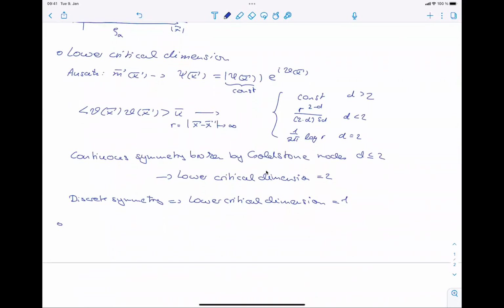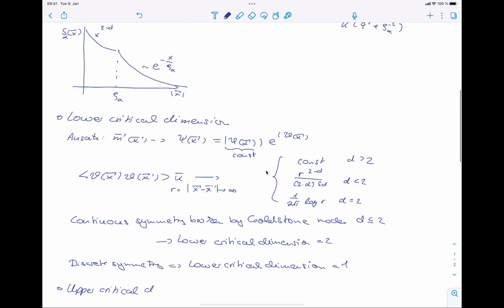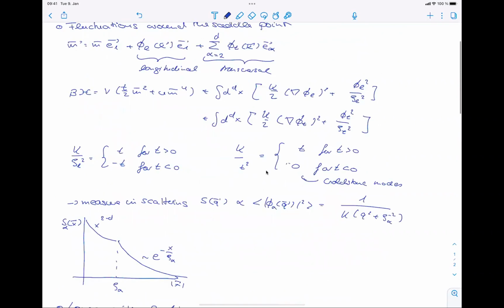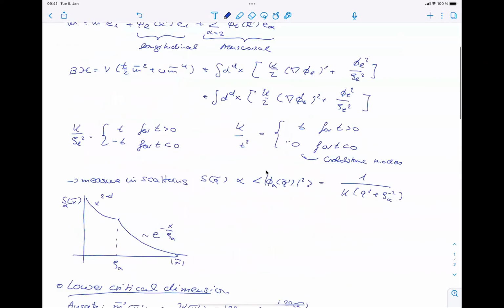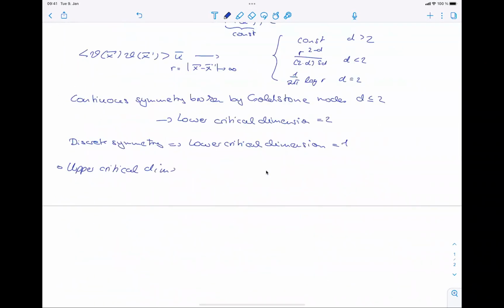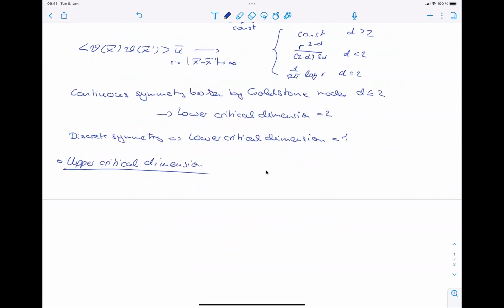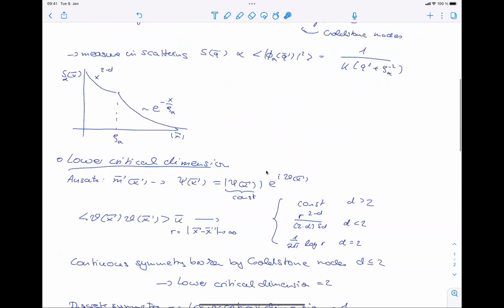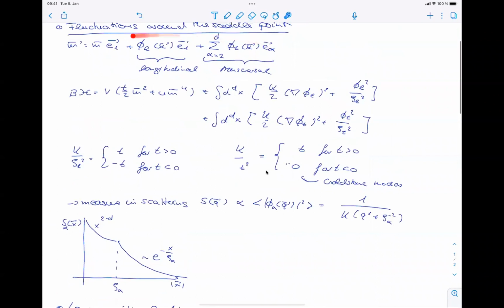And then we went on to look into a new concept, the upper critical dimension. So here we now return back to the framework of writing down fluctuations around the saddle point, which is why I copied them down here.